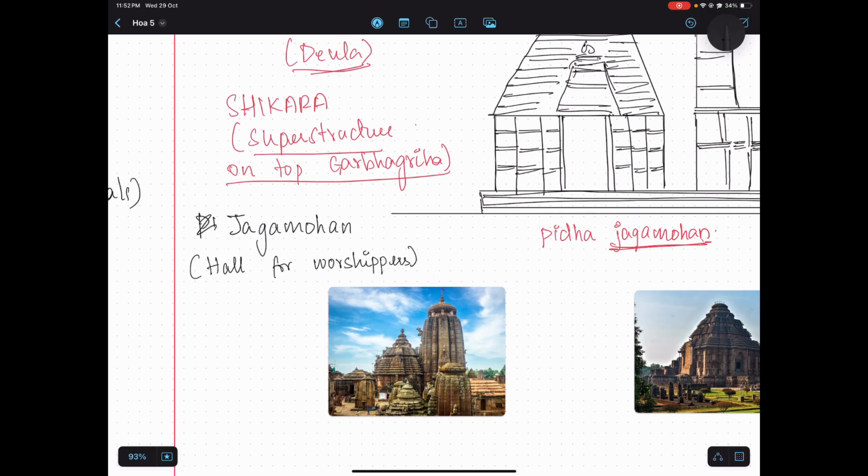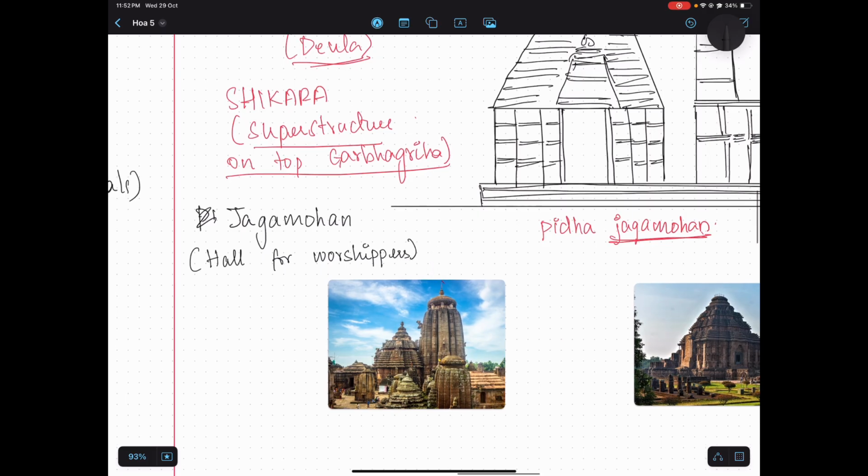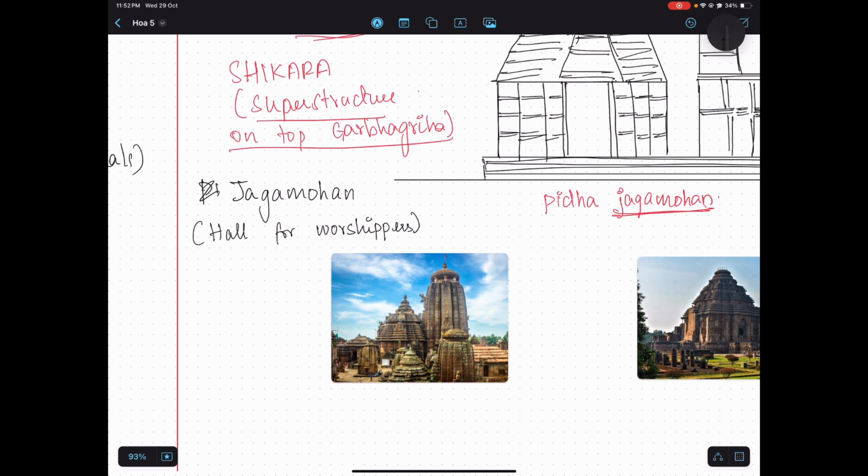And the first temple to have a Jagamohana is the Parashurameshwar temple in Bhubaneswar.